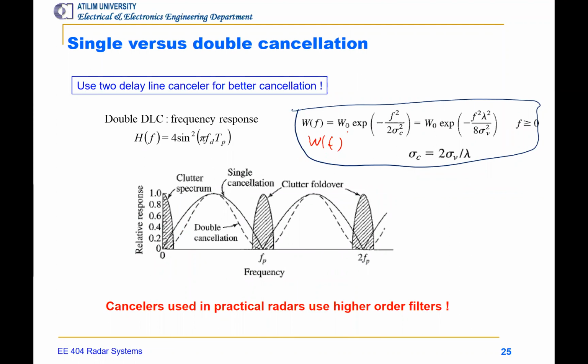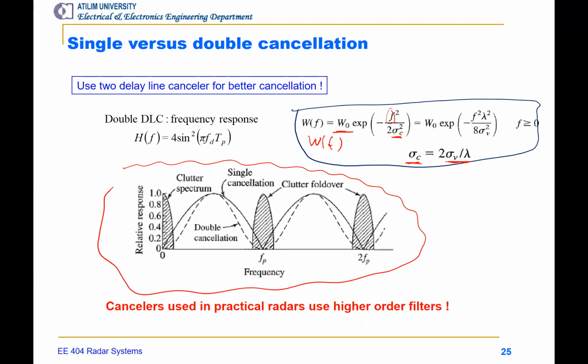There is a constant term and then a frequency in here, and then sigma c, which is the standard deviation of the clutter, in hertz, and also hertz per meter. We can convert this standard deviation into hertz per meter. So divide by lambda, that's a normalization.